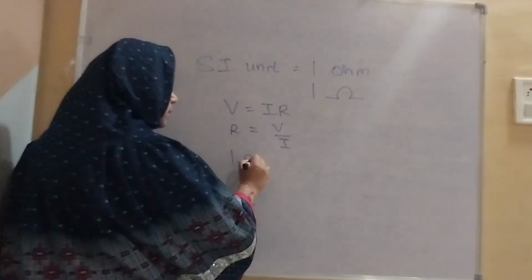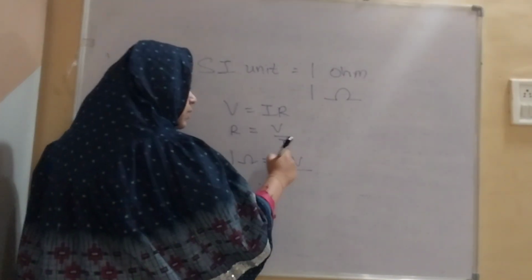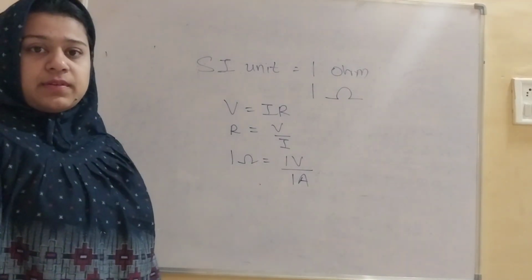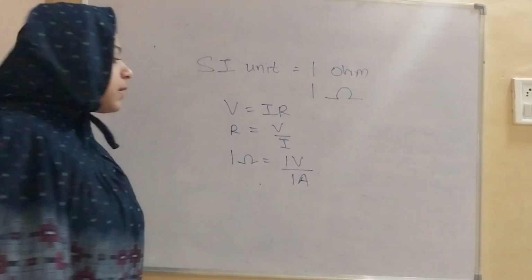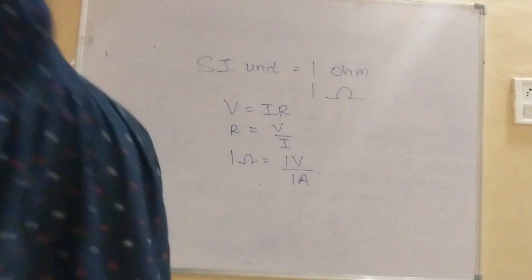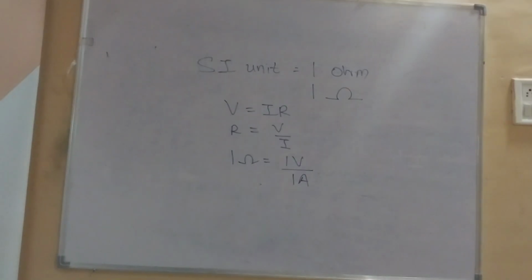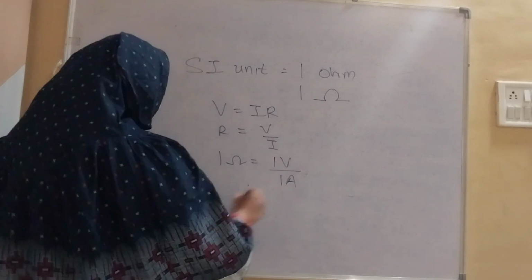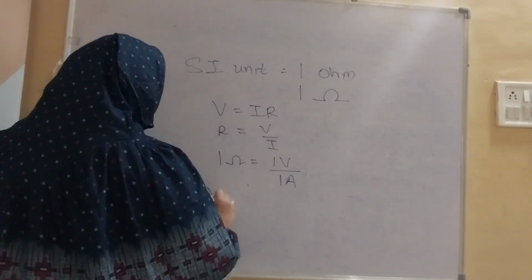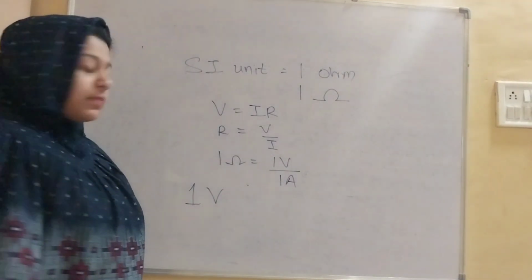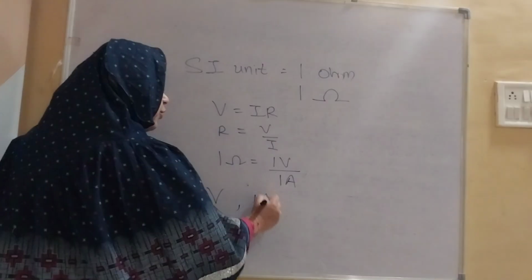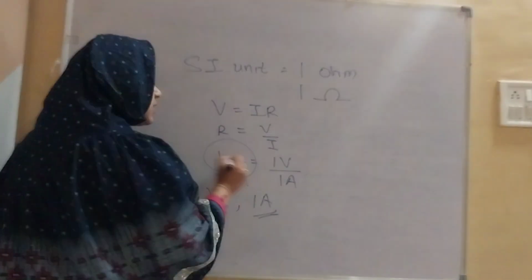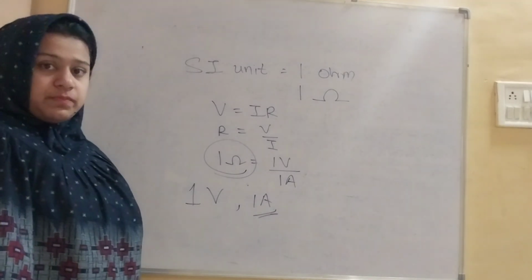So 1 ohm is 1 volt upon 1 ampere. If the potential difference across two ends of the conductor is 1 volt and the current flowing through it is 1 ampere, then the resistance is known as 1 ohm.